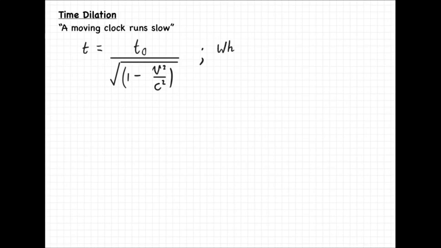Where T equals relativistic time, or relative time. T0 equals proper time. Now, straight away, I want you to get out of your heads that that one's correct and relative time is wrong.